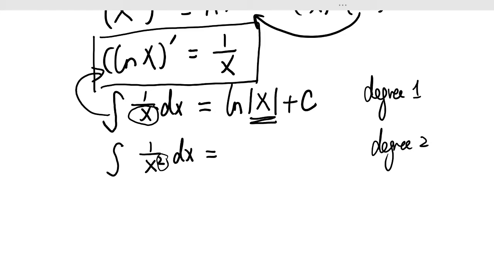Since it's degree 2, we can easily rewrite this as x to the negative 2. Then we can finish this with x to the negative 2 plus 1 over negative 2 plus 1, plus a c.